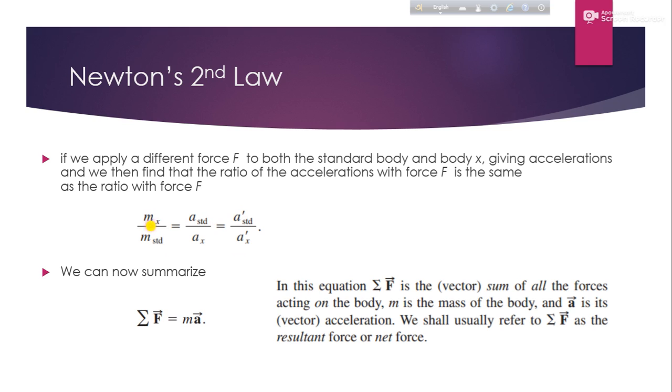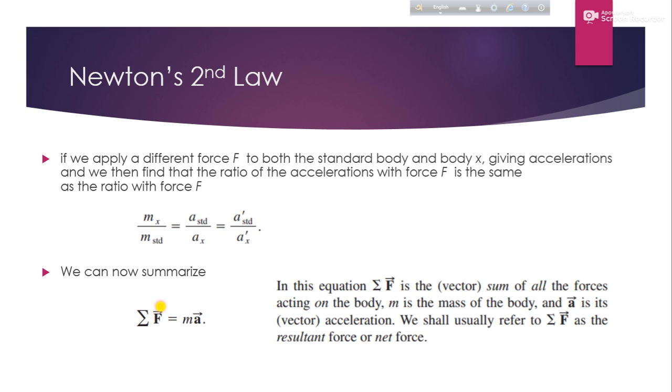If the mass ratio is fixed, the ratio of the expression will also not change even if the force changes. When the force is changing but the mass ratio is the same, then the acceleration ratio will be constant. So from the above discussion, we can summarize to an equation: sigma F, the summation of all the forces, in vector form. Why in vector form?